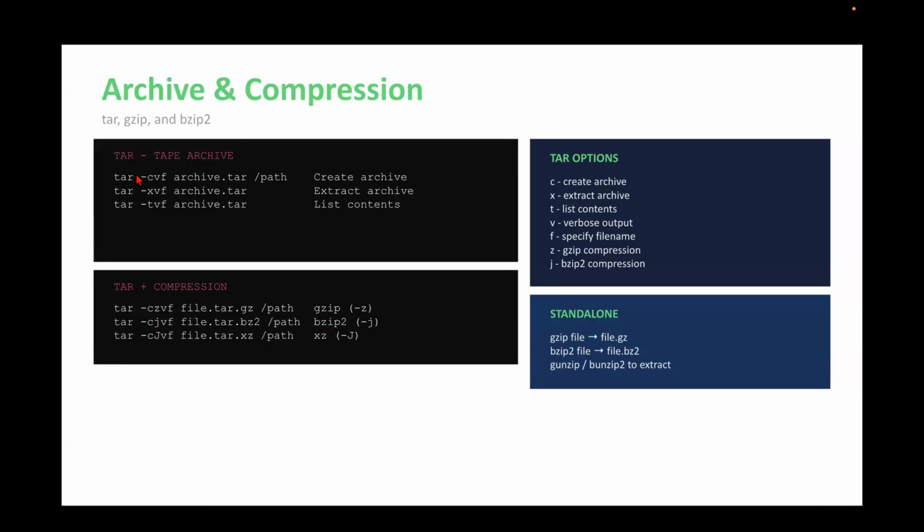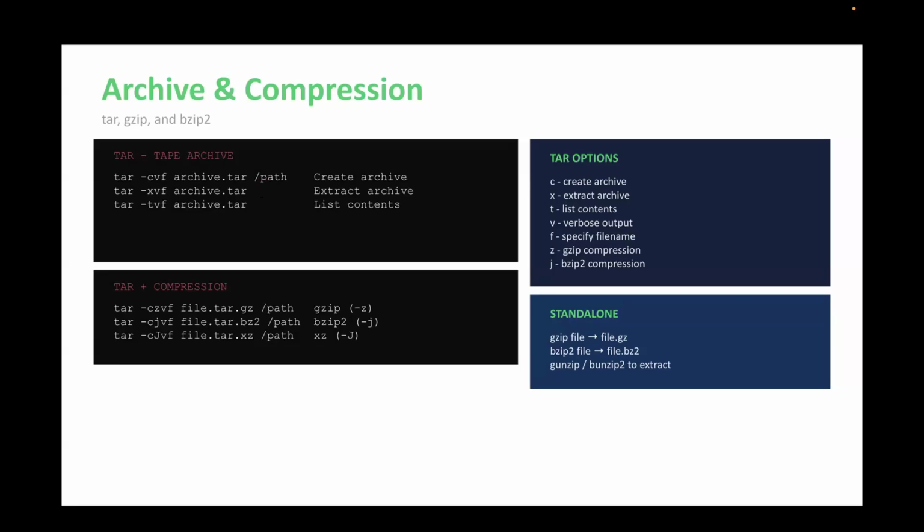If you're trying to create an archive, dash C is to create an archive. Dash V is verbose, to show an output. And then F is the file name, archive.tar, and then the path of the file that you're trying to archive.